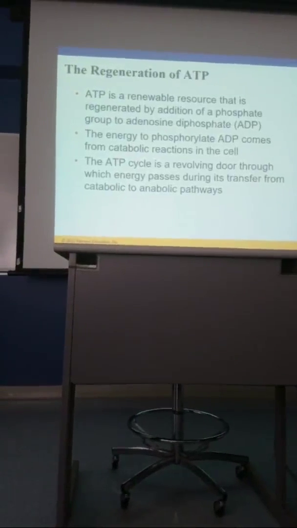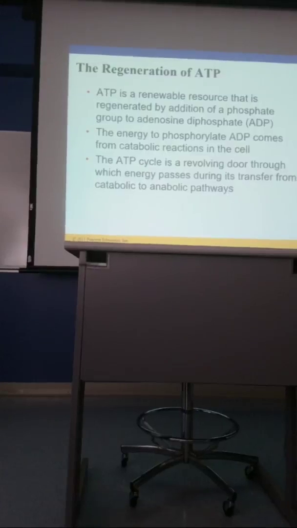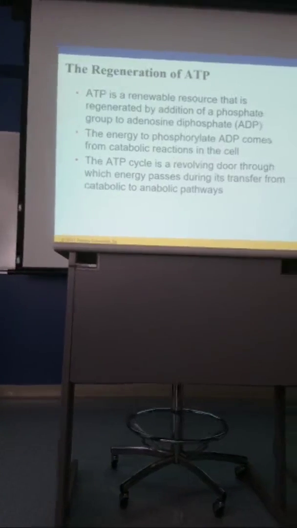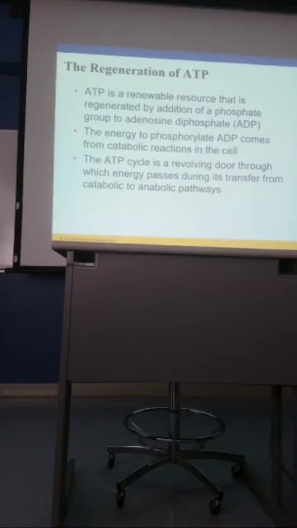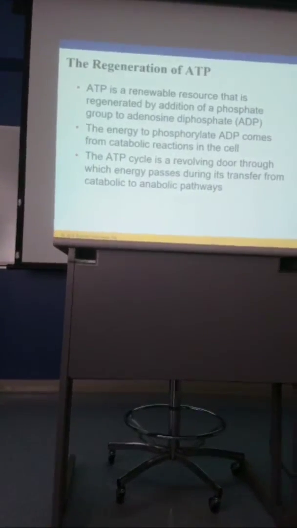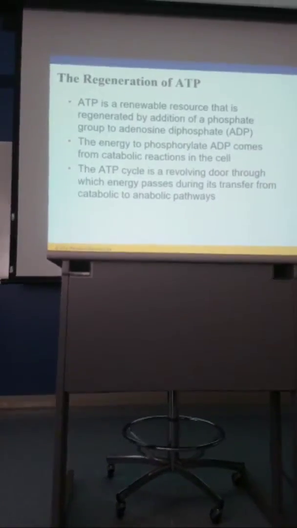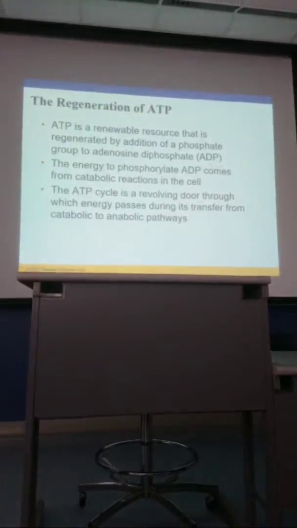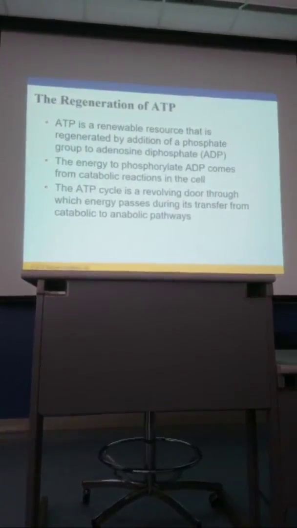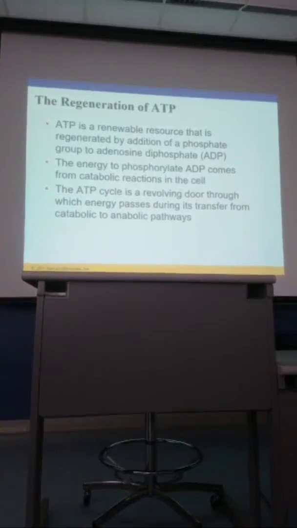ATP is a renewable resource that is regenerated by the addition of a phosphate to ADP. The energy to phosphorylate ADP comes from catabolic reactions in the cell. In other words, when the cell makes ATP from ADP, it's because an exergonic reaction occurred that released energy. So now the ADP can be phosphorylated and bond and hold that energy.